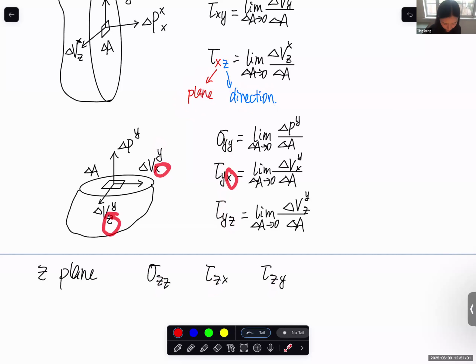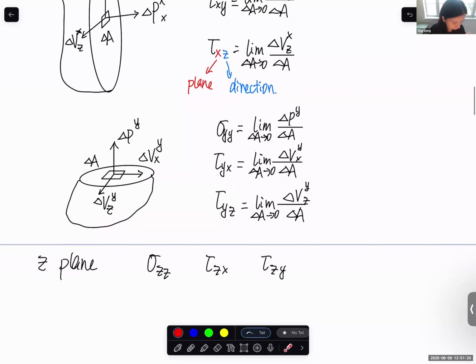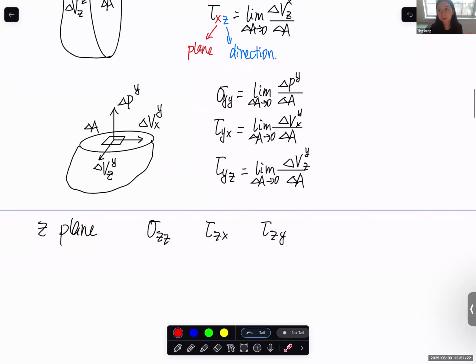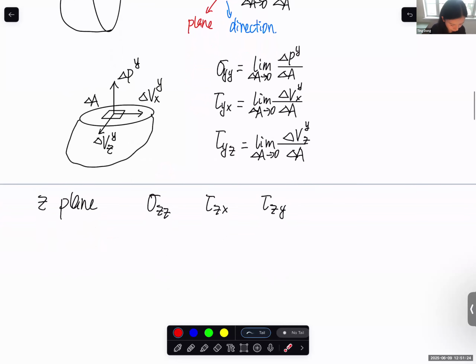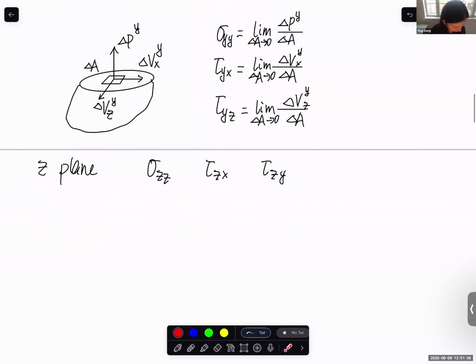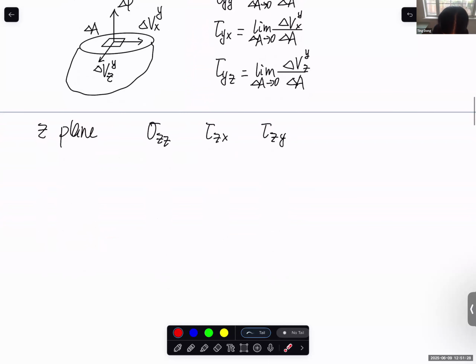If the direction of the shear force is z, then the direction of the shear stress is z. So the first subscript is plane, the second subscript is direction. We need to know the subscripts of the stress component before we start learning chapter 2 about shear stress and shear strain, because they always have subscripts.